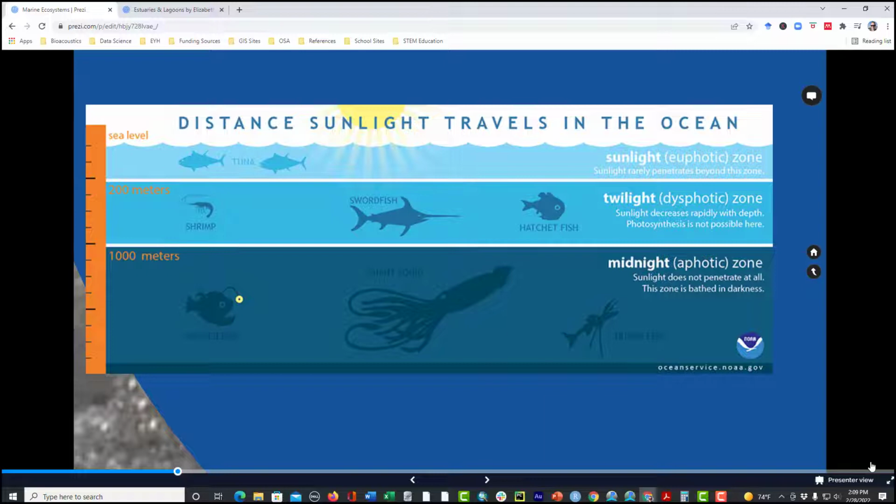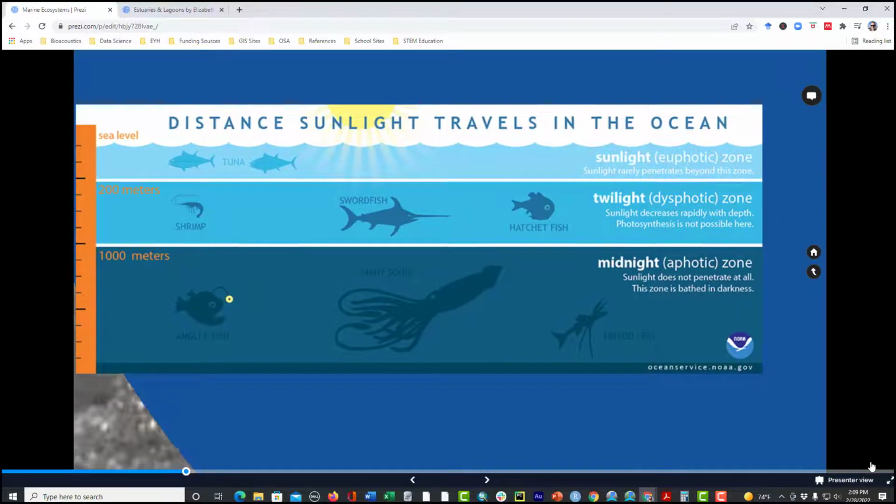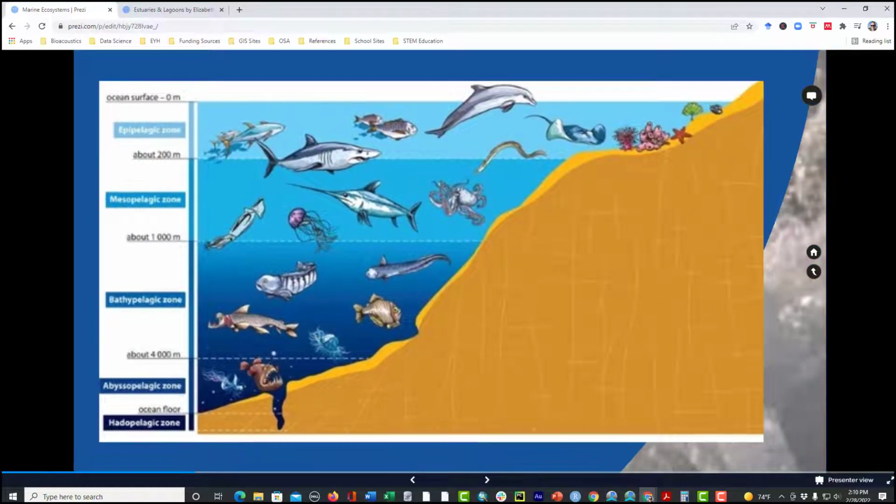As we've mentioned in previous talks, the temperature and salinity profiles will change in that water column as well, and that will influence the organisms and characteristics of these different zones. Despite the fact that we have some great terminology there, we also can phrase these in a different way. There's different nomenclature you can use to describe these different zones.